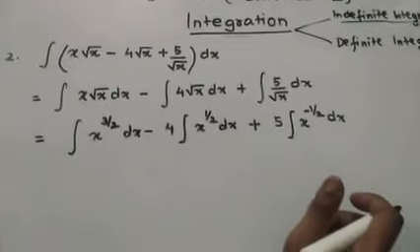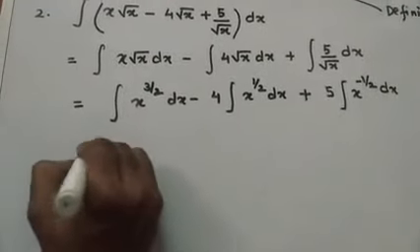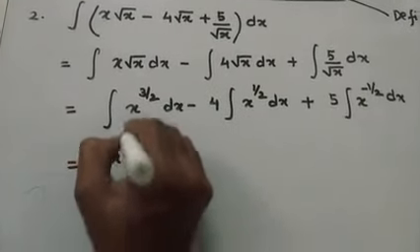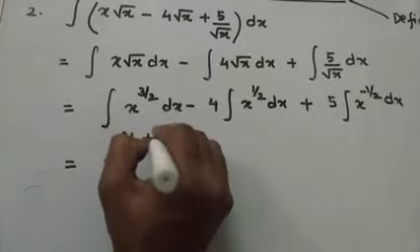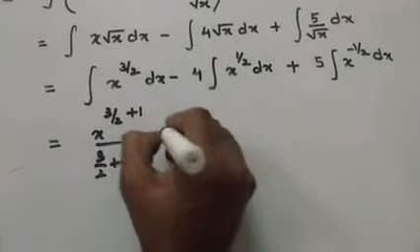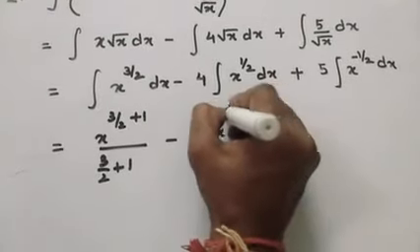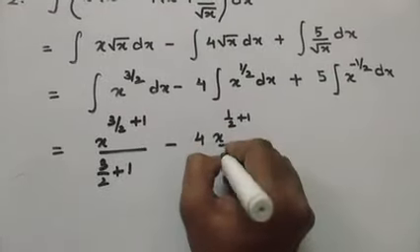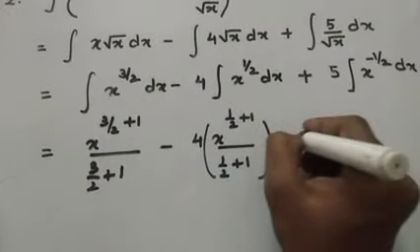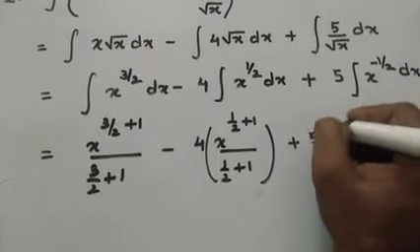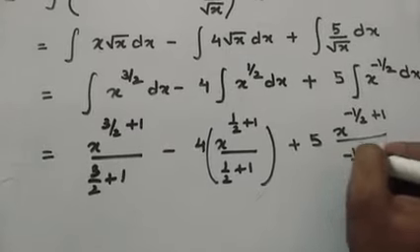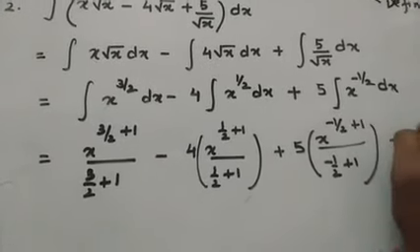Clear? Now simply using the formula for x to the power n, that is formula number 1: x to the power 3 by 2 plus 1, divided by 3 by 2 plus 1, minus 4 x to the power half plus 1, divided by half plus 1, plus 5 x to the power minus half plus 1, divided by minus half plus 1, and at last plus c.